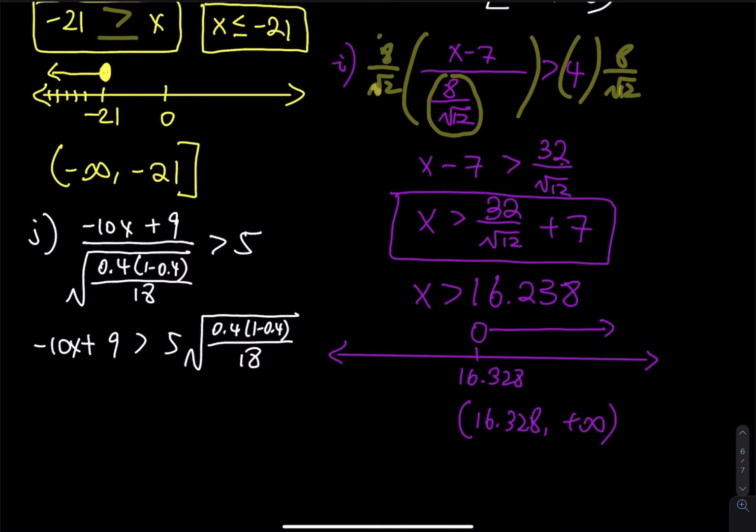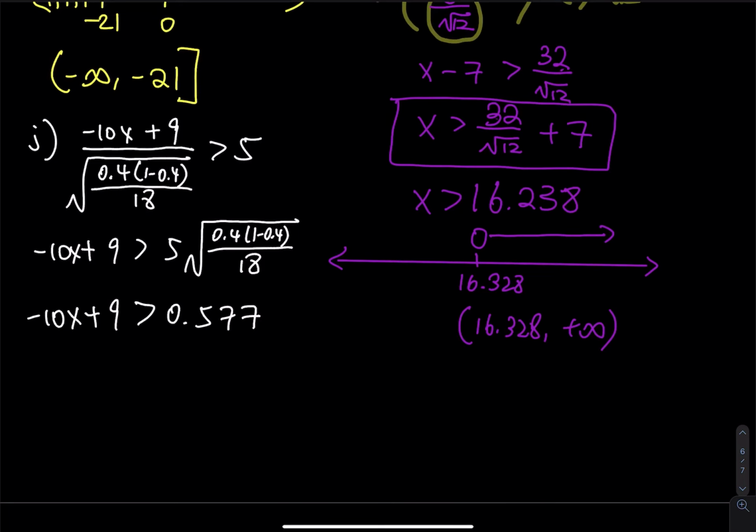So this one gives you approximately 0.577. And then this is negative 10x plus 9. So of course the next step is you subtract 9 on both sides, right? So you take the 0.577 minus 9, that is equal to negative 8.423.